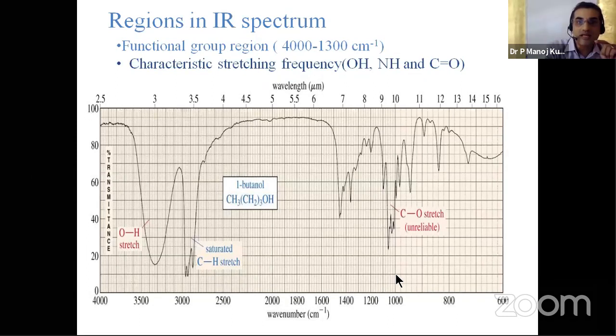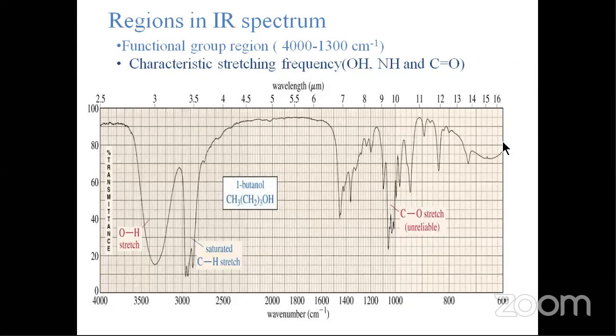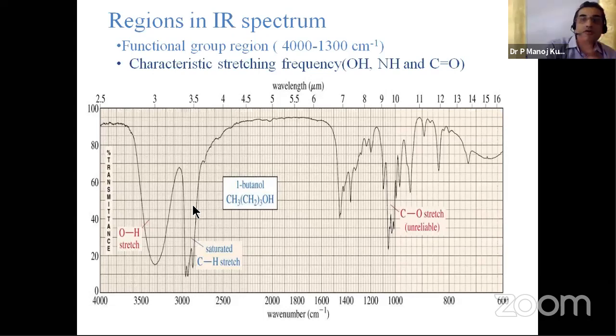You can see here that comparatively very few bands occur in this portion of the spectrum. And almost all the functional groups like OH, NH, C double bond O, etc. will occur in this region of the spectrum. So you can detect the main functional groups by looking between 1300 and 4000 centimeter inverse.